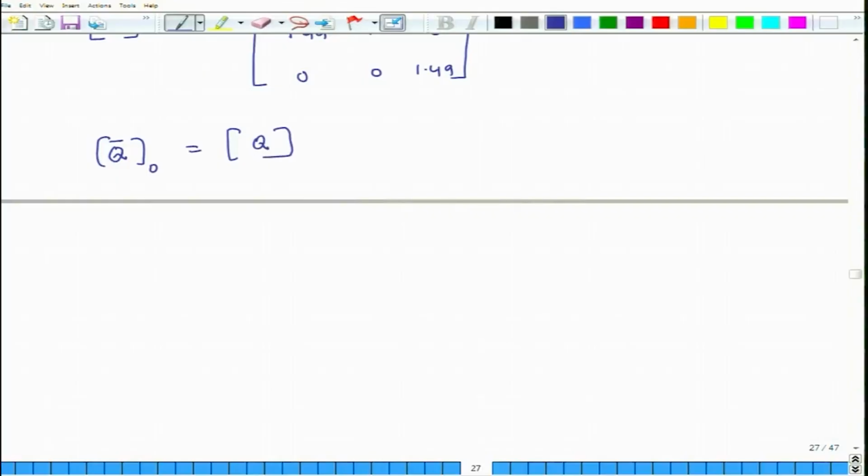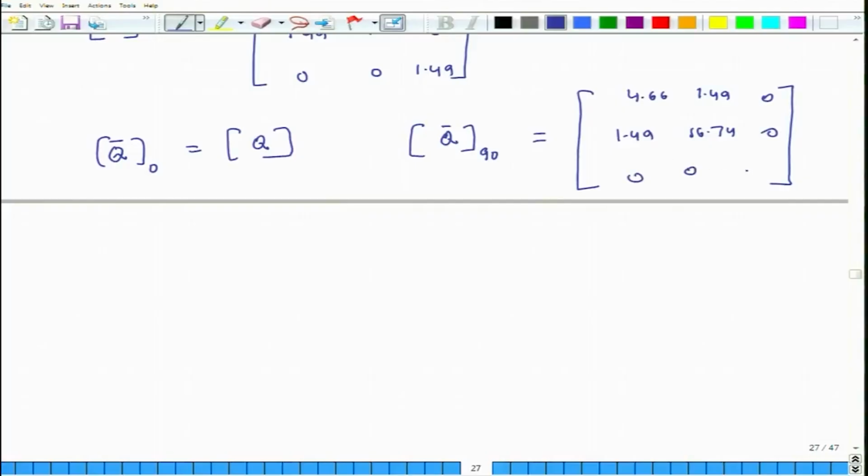For 90 degrees, we just replace 16.74 by 4.66 and vice versa. So, it is 4.66, 1.49, 16.74, 1.49, 0, 0, 0, 0 and 1.49.